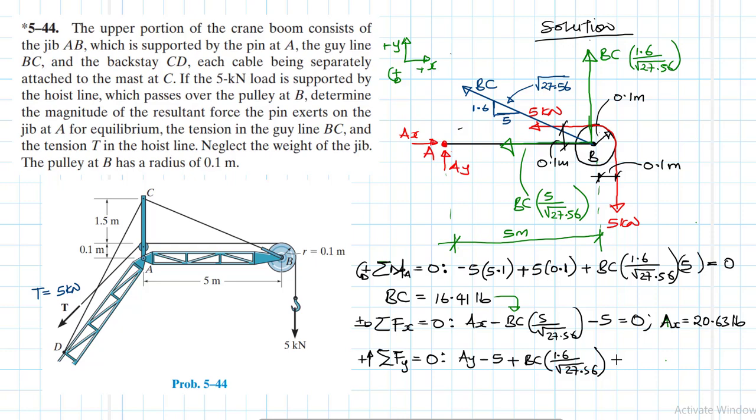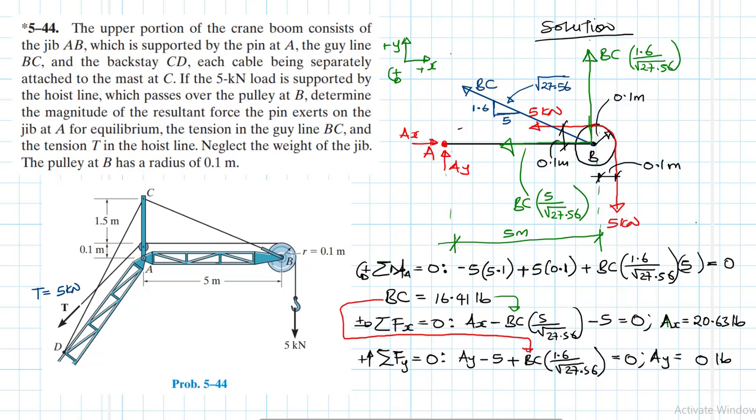I think these are the only ones, is equal to 0. Our Ay is equal to, let's do the calculation. We calculated what BC is, so we just replace BC there. It's 16.41 times 1.6 divided by root of 27.56 and then minus 5. So this really just gives us 0.